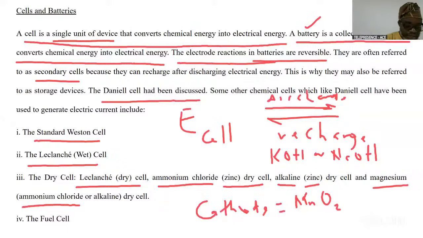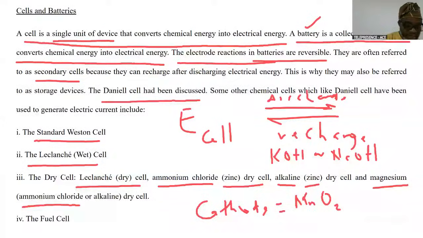Meanwhile, not all the hydroxide ions will react with zinc. Some of the hydroxide ions react with the zinc to form solid zinc hydroxide, which we have here. The remaining hydroxide ions will be mopped up by ammonium ions from ammonium chloride.